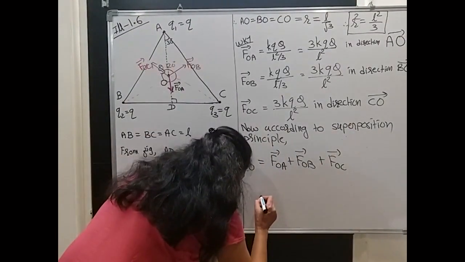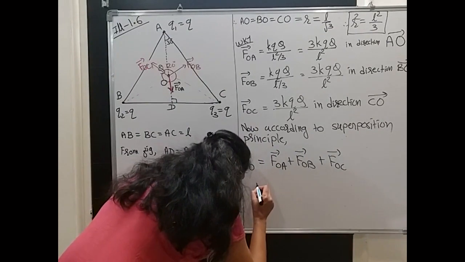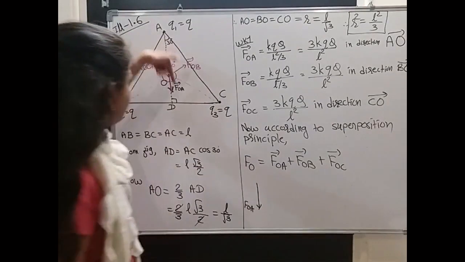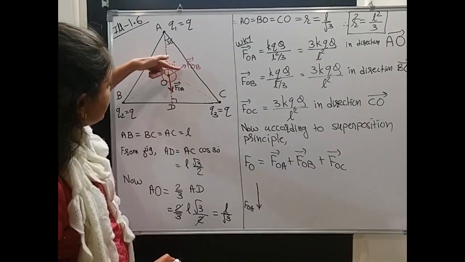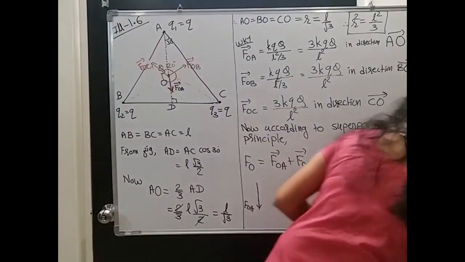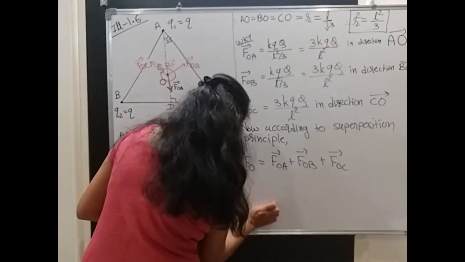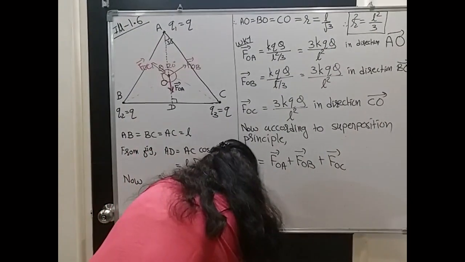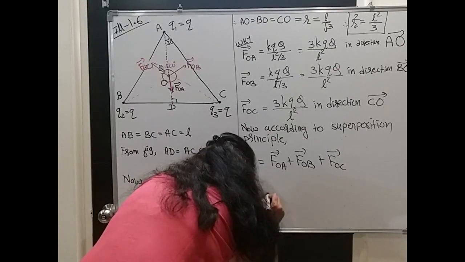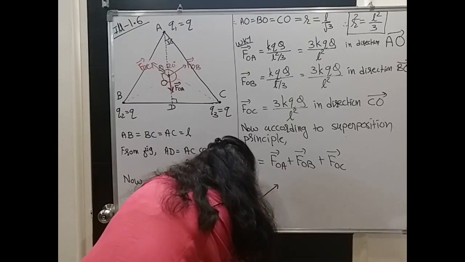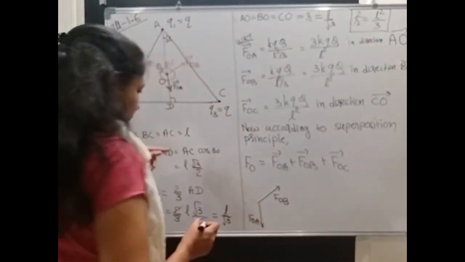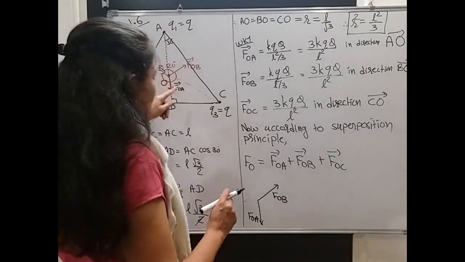graphical method. See, here is my force FOA. It is in the downward direction. FOB is at an angle of 120 degrees, so I can draw it like this. This is FOA, this is FOB, and from the third I have to draw 120.